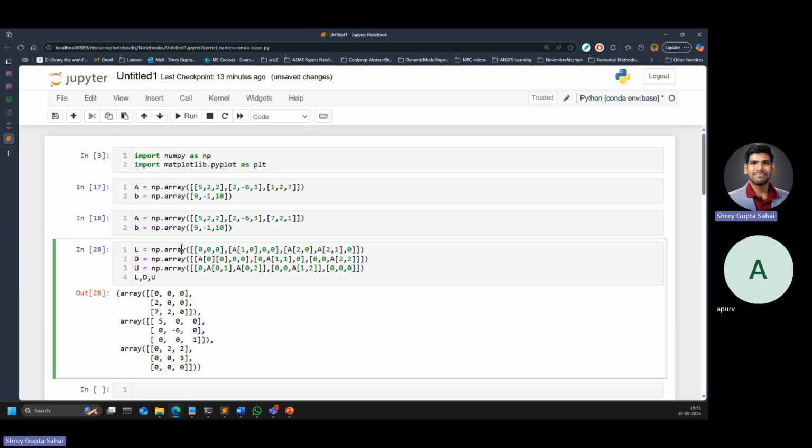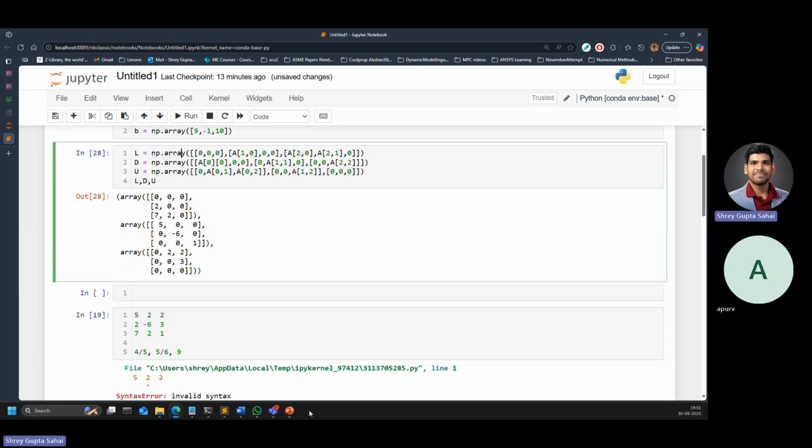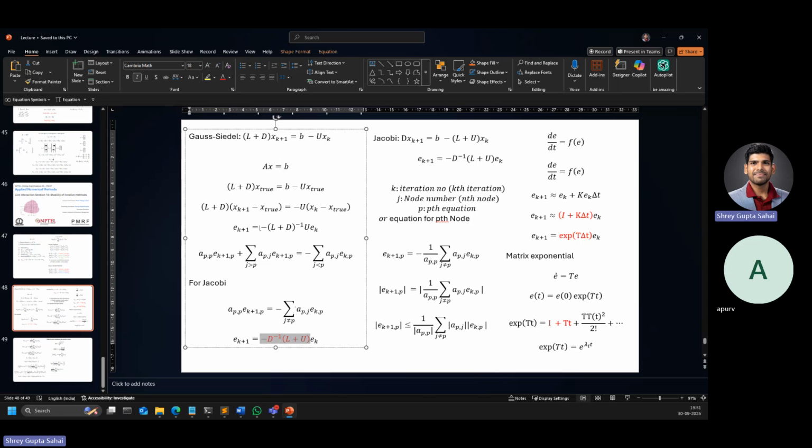Right, so this is the case. LDU. Now, for Jacobi, what had we written down? This is for the Gauss Seidel and this is for the Jacobi. Let's find out these matrices, okay?